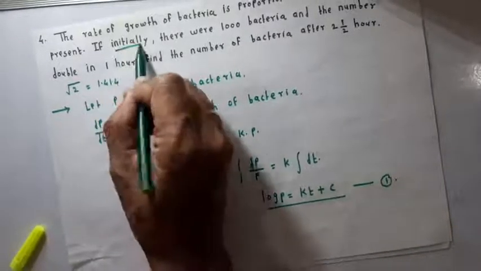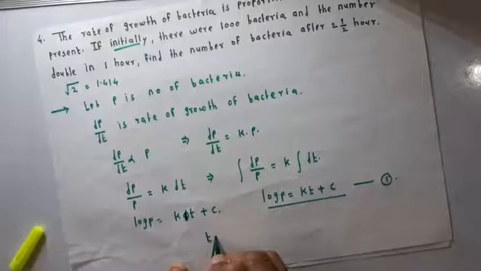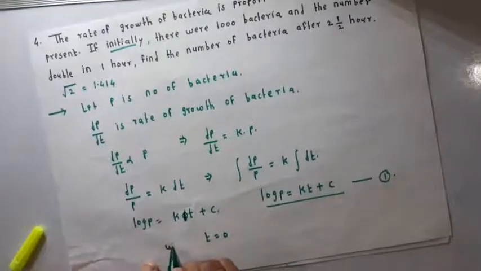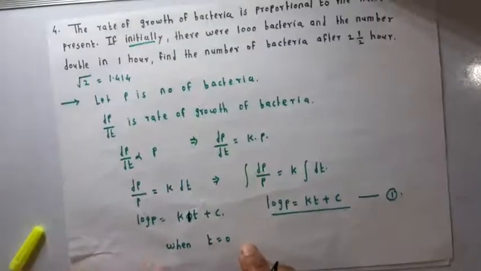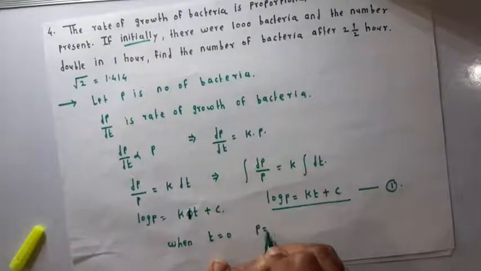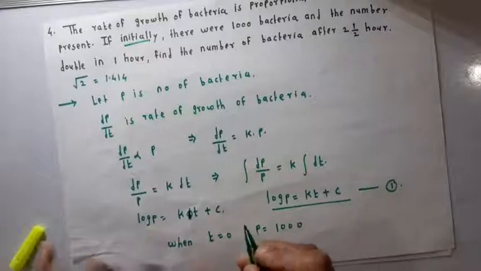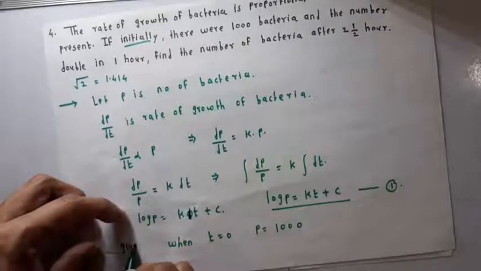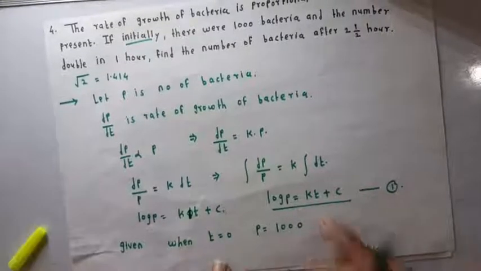Initially, when the time is 0 hours, there were 1000 bacteria, meaning P equal to 1000. So by the given values, put them in equation 1.